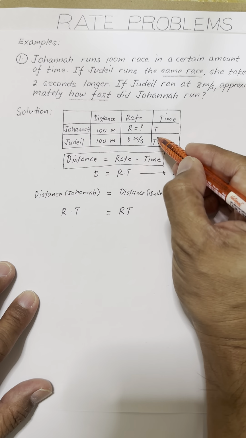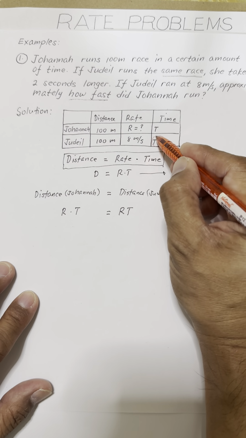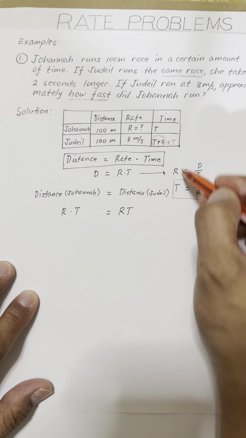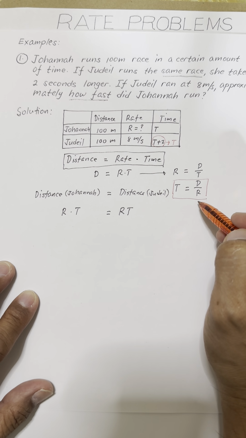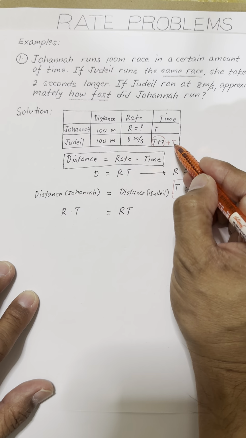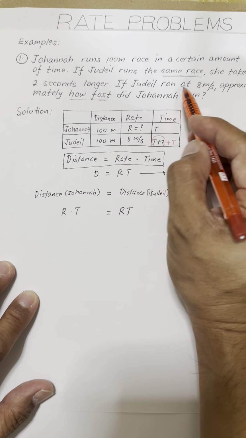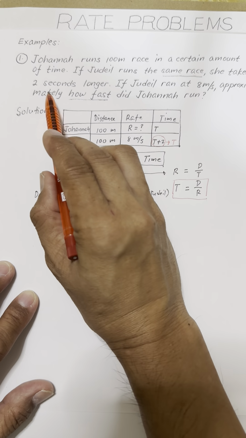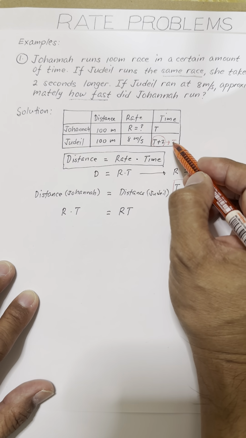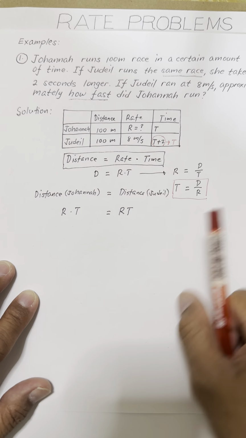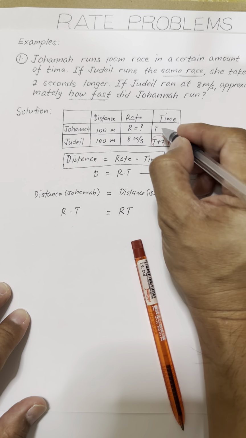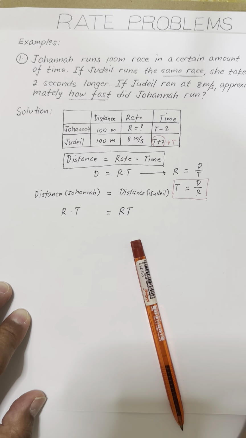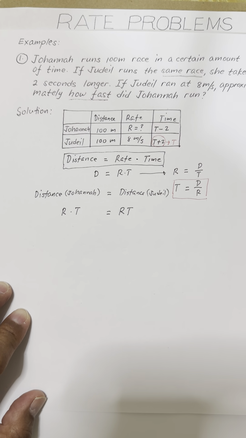So instead of t plus 2, we can convert this to t so that we can use this formula. Since she, meaning Judel, takes 2 seconds longer, if her time is t, then Johanna's time is t minus 2. Okay, so we can substitute this here.